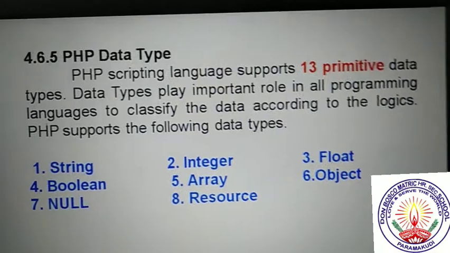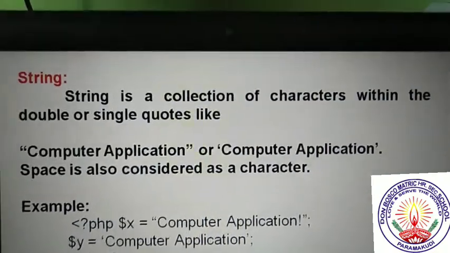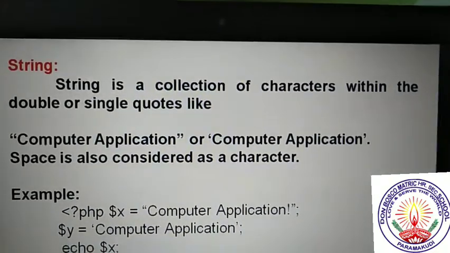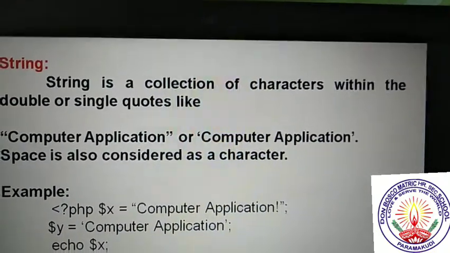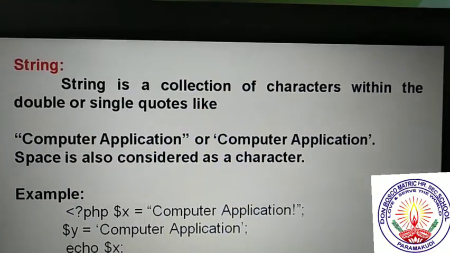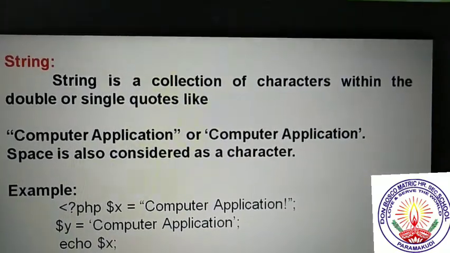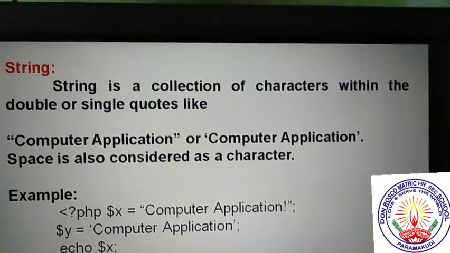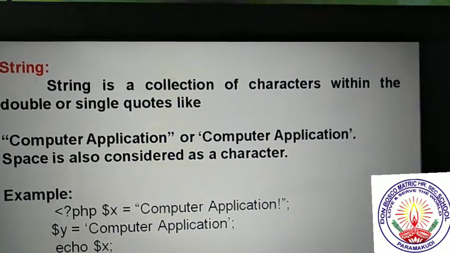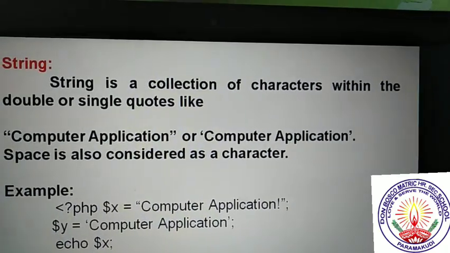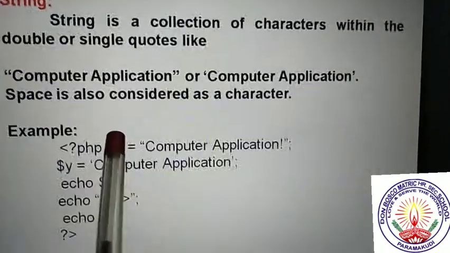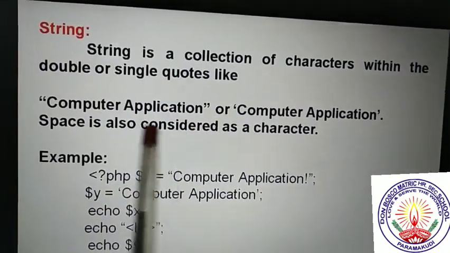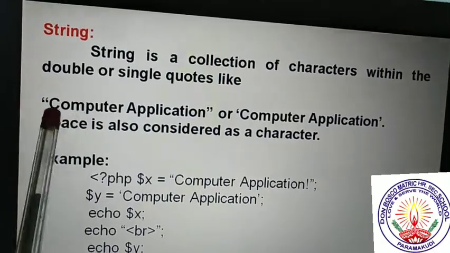So see the first data type, string. A string is a collection of characters within double or single quotes. If you declare the variable as a string data type, the given string is declared in double quotes or single quotes. Here computer application is a collection of letters, like a string.